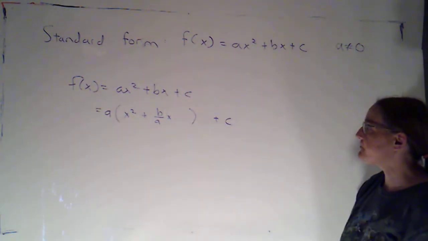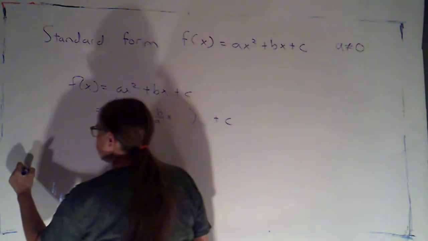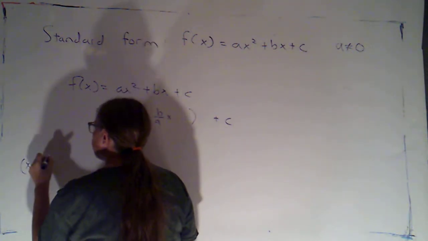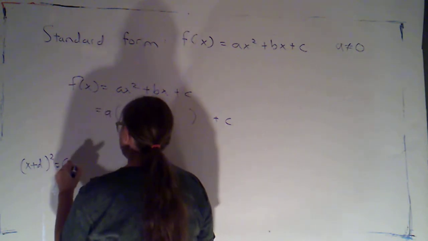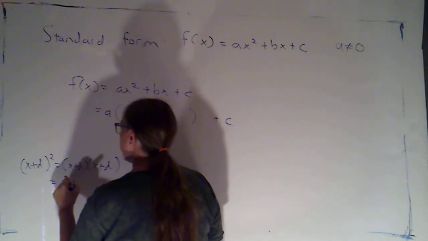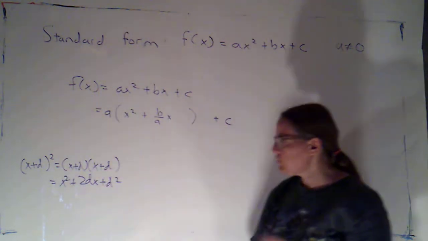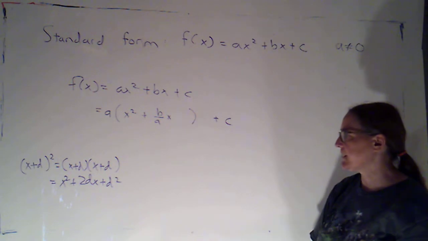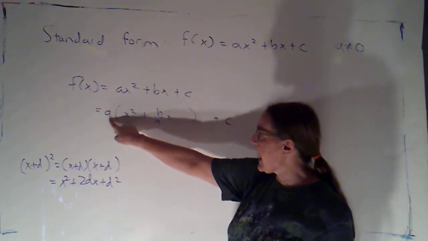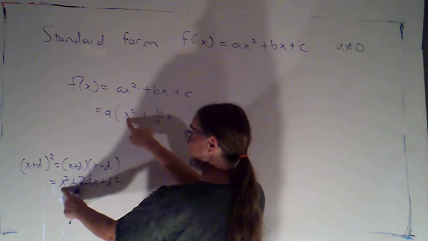Notice it is necessary that we know that a isn't 0 in order to be able to factor it out like that. Okay. Now, we're hoping to make this quantity in parentheses look like x plus d squared, which is 2 factors of x plus d FOILed out. And again, that's x squared plus 2 copies of dx plus d squared. Now, by factoring out the a, we've made it so that we have just one copy of x squared, so our first terms match.